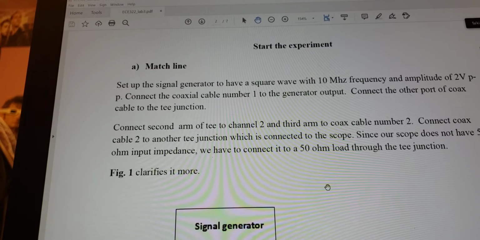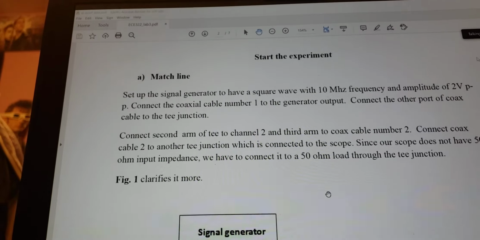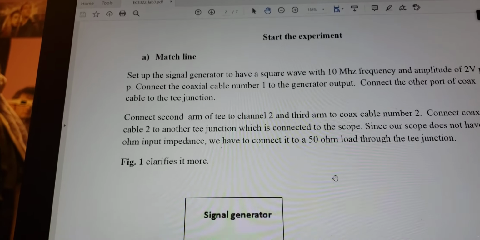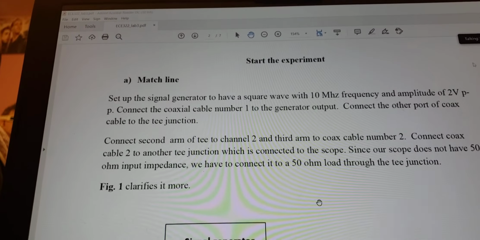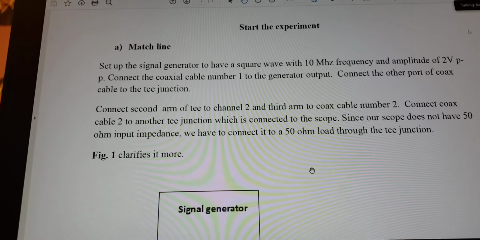Because this is for any transmission line. For any transmission line, you have two important things you have to know about it: the characteristic impedance and the relative permittivity.